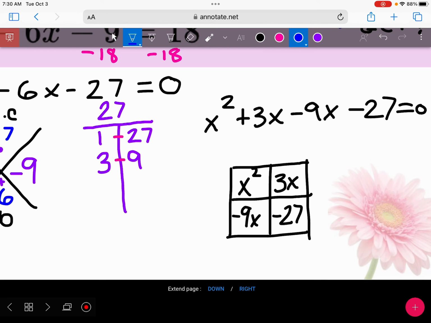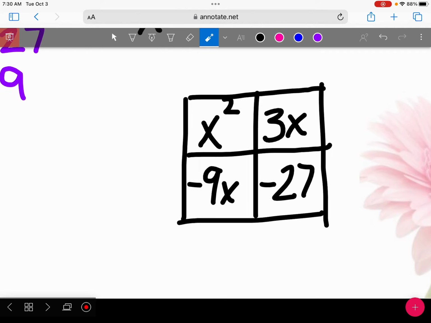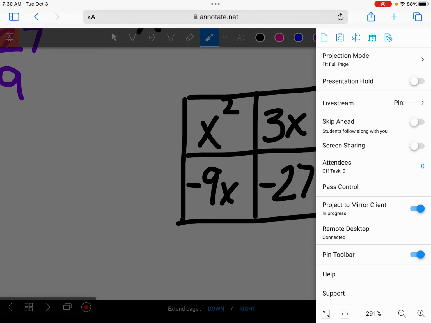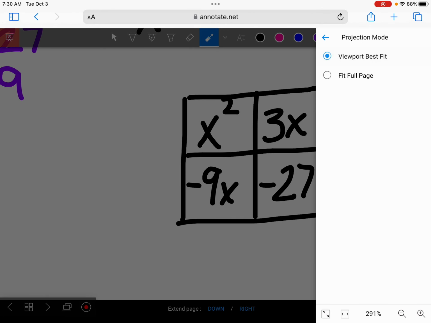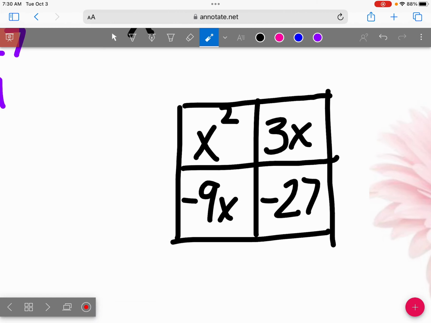To get to our factored form, we're going to pull columns and rows, our greatest common factors. So it's just like doing GCF on the last one that we did. I'm going to zoom this way in for us to see real quick. What is shared in this first column between x squared and minus 9x? Just an x.